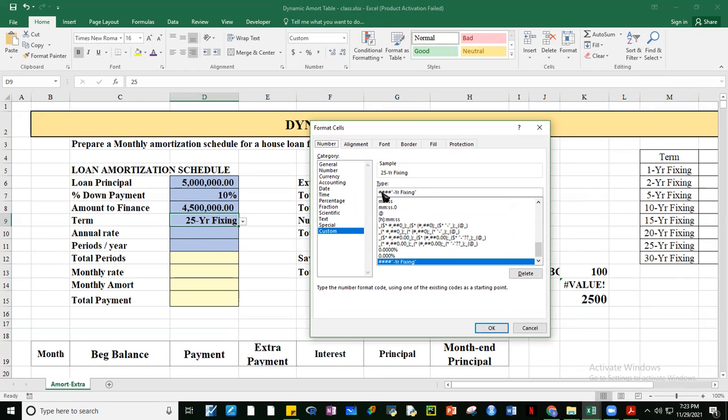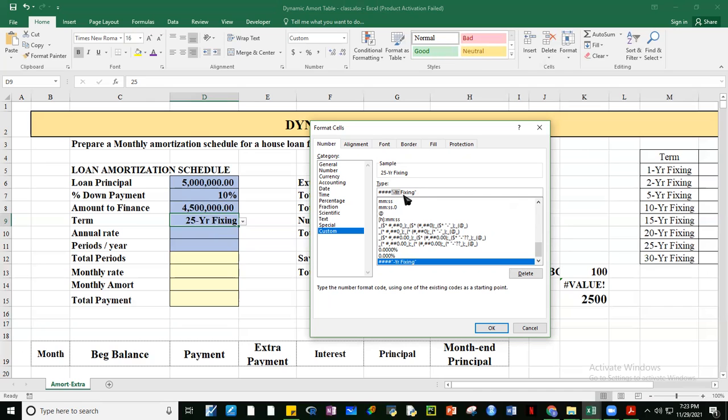You can find here in Custom, in Type, what I typed: four number signs to accommodate thousands, and then quotes, dash year fixing, and close quotes.